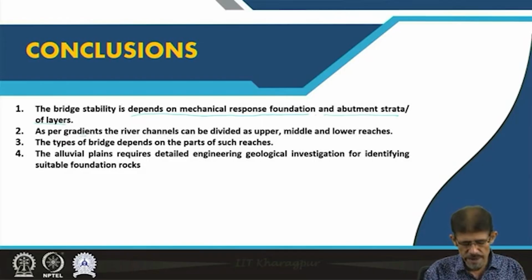As per gradient, the river channel can be divided into three broad categories: upper reach, middle reach and lower reach. The construction of bridges recommended in the upper, middle and lower reaches depends on the characteristics of river channels as well as the strata lying below the proposed piers and abutments. In the upper reach, a single span bridge is sufficient to serve the purpose.